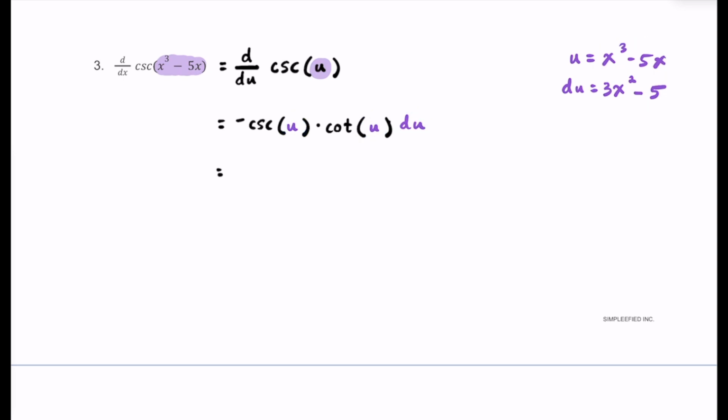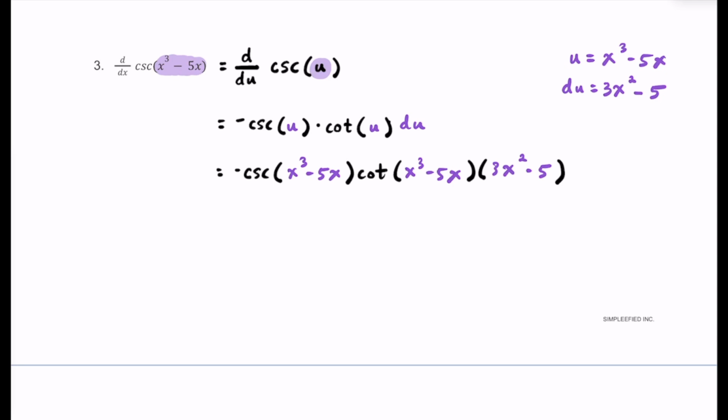So we're going to go ahead and write this negative cosecant, and instead of u, we're just writing this x cubed minus 5x, multiplying that by cotangent of that same expression of x cubed minus 5x. And then du, we know, is going to be this 3x squared minus 5. So I'm going to just write that in 3x squared minus 5, and just put parentheses around it because we need to keep things grouped, otherwise it messes up how we're multiplying things out.